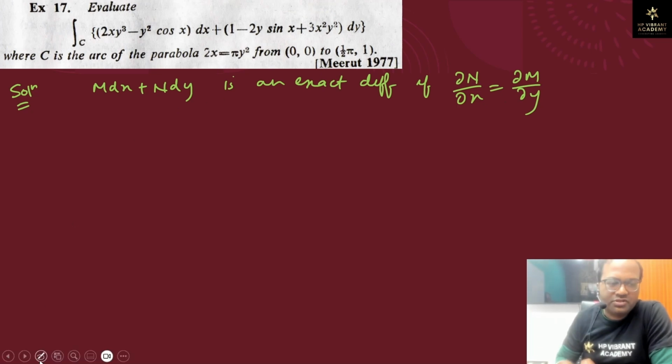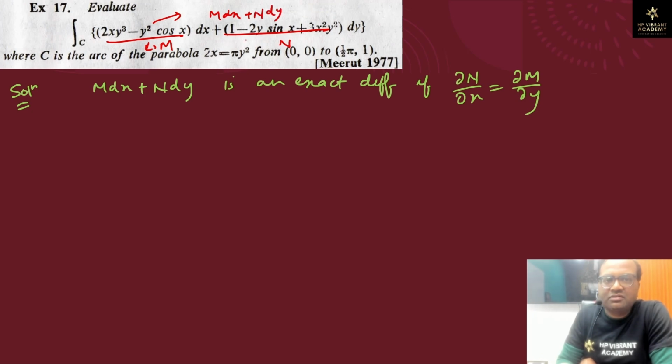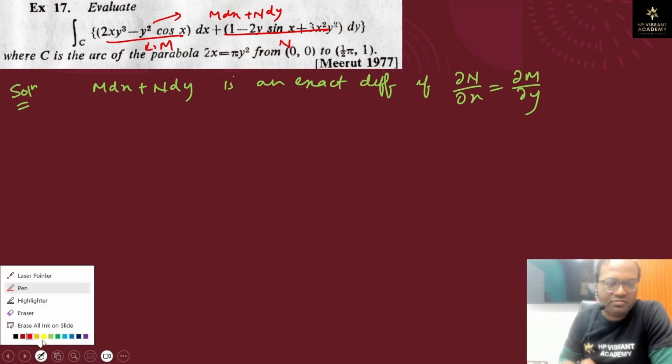So this whole expression is in the form of M dx plus N dy. Let us take this as M and this as N.